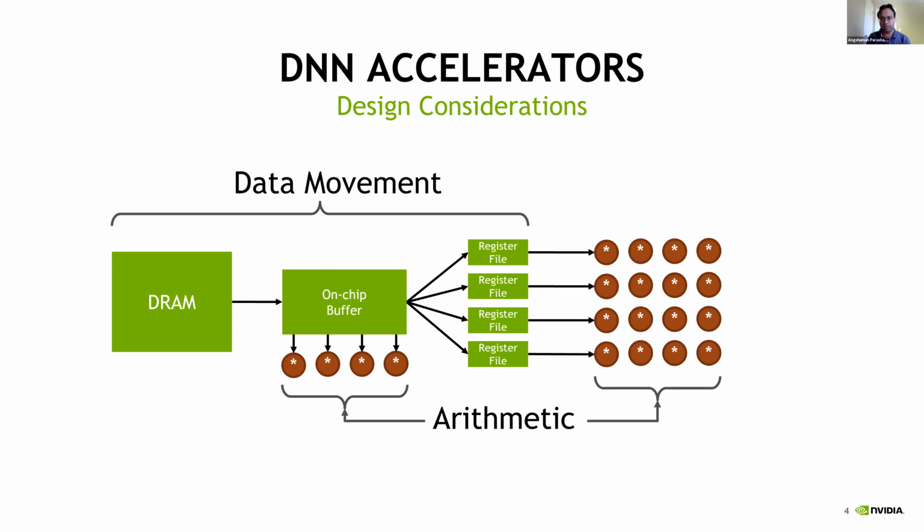The data movement is to bring the data in from your memory or storage devices to your arithmetic units. For the most part in this tutorial, we'll be focusing on data movement, although the tools are actually capable of measuring arithmetic activity as well. Most of the interesting trade-offs that we've seen actually arise from the data movement aspect.